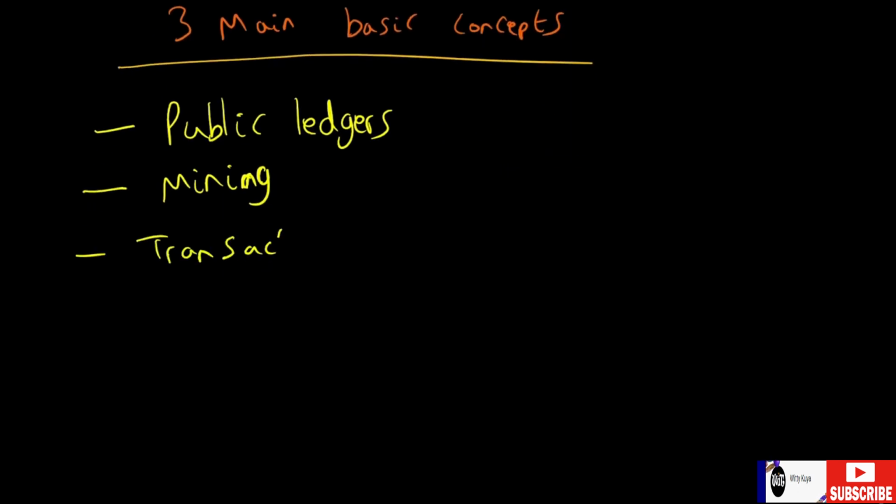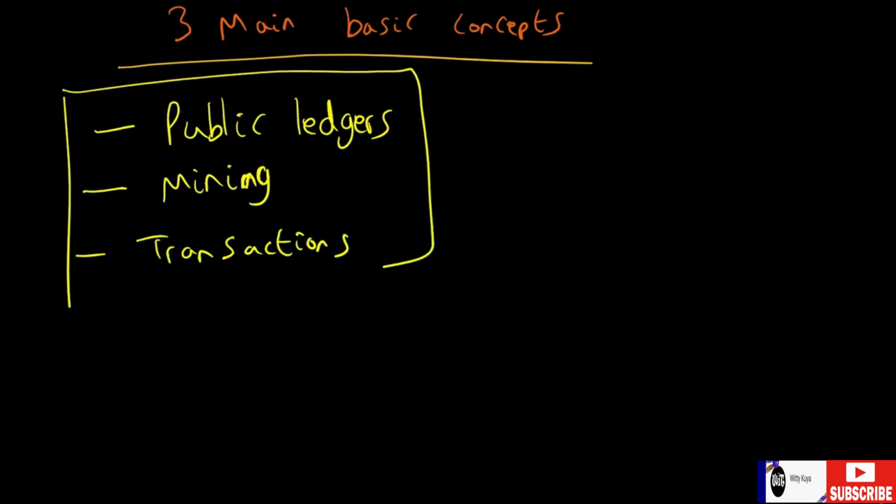So these are the three main concepts: transactions, which are stored in public ledgers, and mining validates the transactions so it can update the public ledger with the new transactions. So that's it for what cryptocurrencies are.